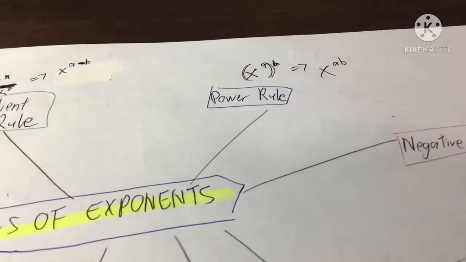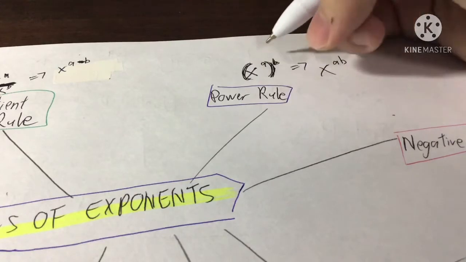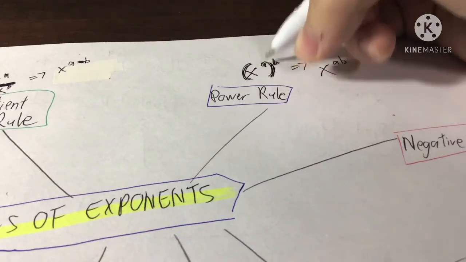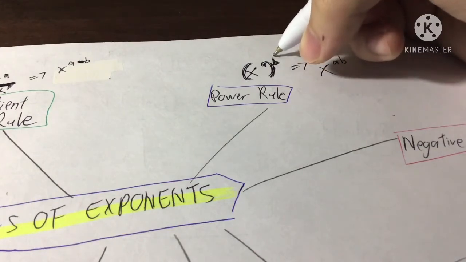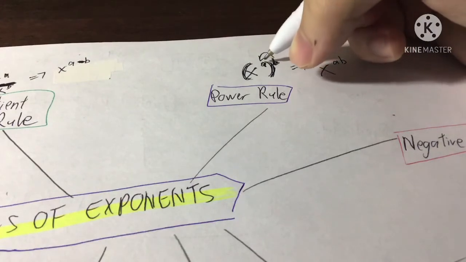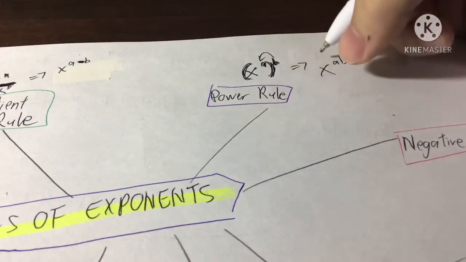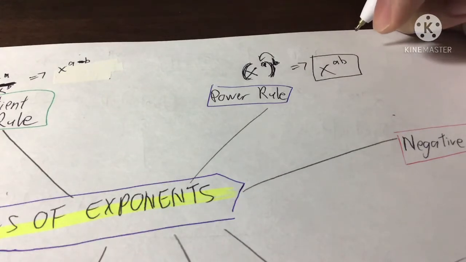Nothing really too serious, which is, in this kind of formula, we have a inside and we have b as an exponent outside, so just have to use distributive property, distribute exponent b to exponent a, and voila, we have x raised to a times the exponent of b.